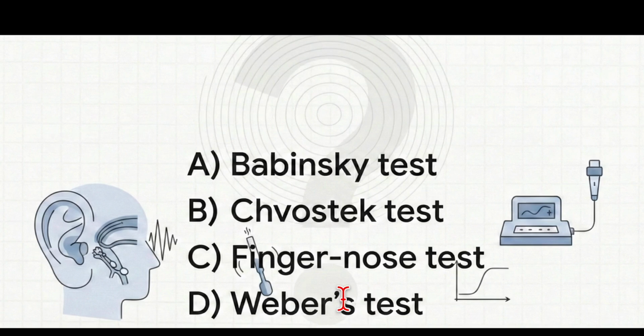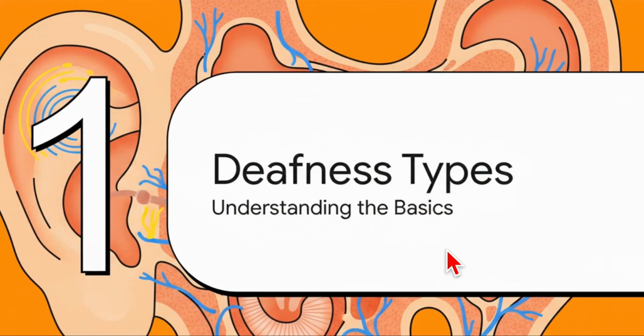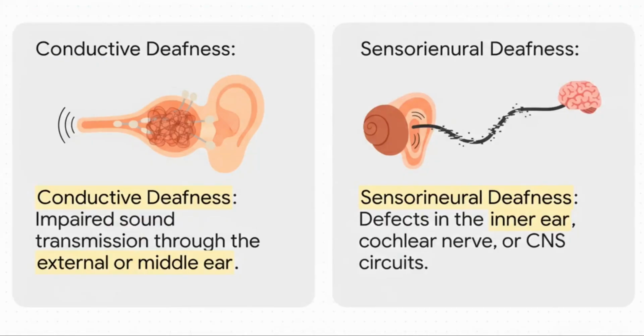Let's understand the concept. To understand this, we have to understand that there are two types of deafness: conductive deafness and sensorineural deafness.